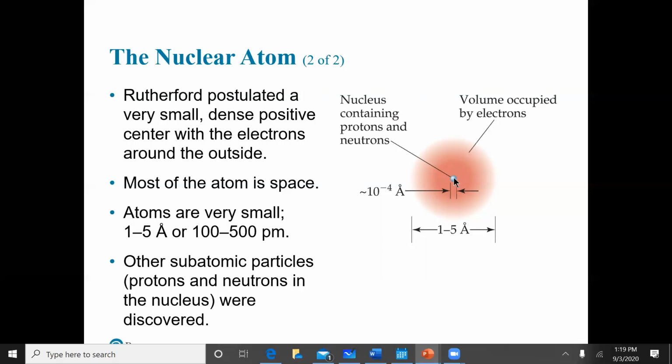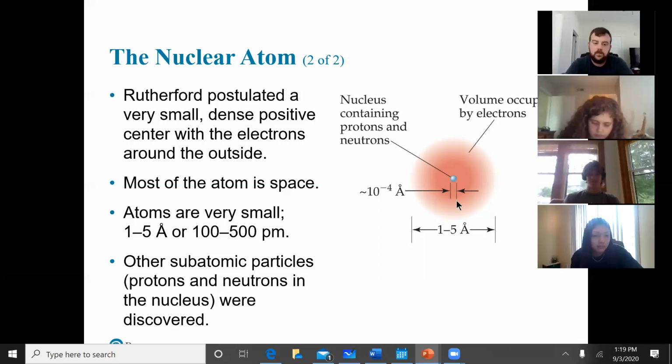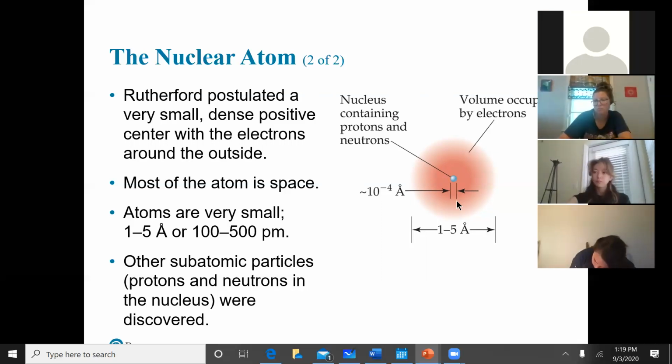And actually, if we break up the nucleus, it's made up of protons and neutrons, which are a lot of space, and then a proton, let's say. And if we break up a proton into its fundamental particles, it's actually made up of mostly empty space and a very, very small amount of mass in the form of quarks.